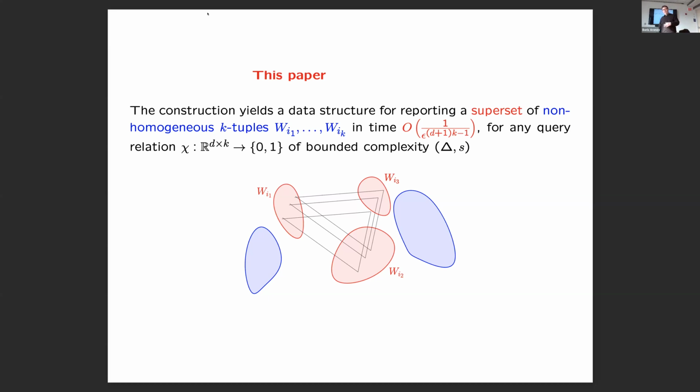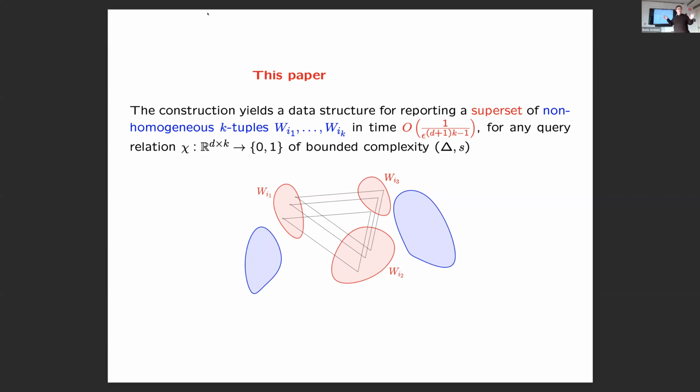You can quickly report a small-size superset that includes all the k-tuples that are not homogeneous.